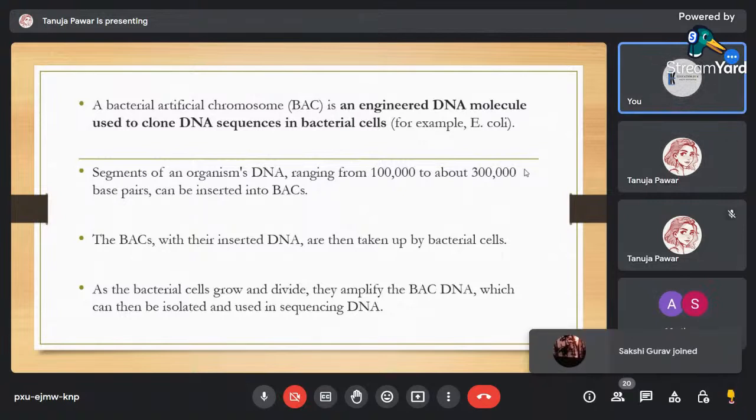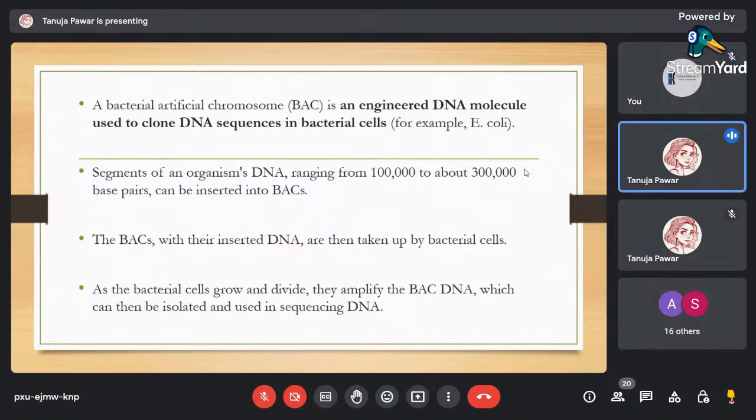Size of insert: a segment of an organism's DNA ranging from 100 kilo base pair to about 300 kilo base pair can be inserted into a bacterial artificial chromosome.